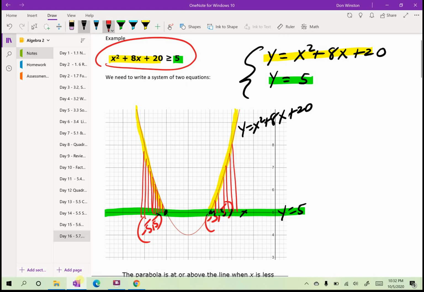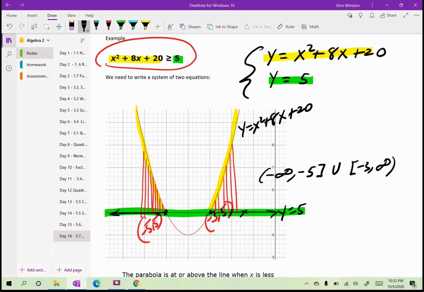So the solution set is as long as x is going from negative infinity to -5, closed because it's equal, that parabola, that yellow line, will be above the line y equals 5, or, union symbol, as long as x is greater than or equal to -3, because we're going that way to infinity.